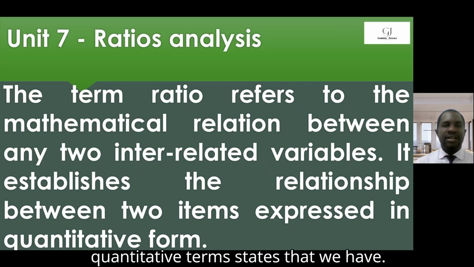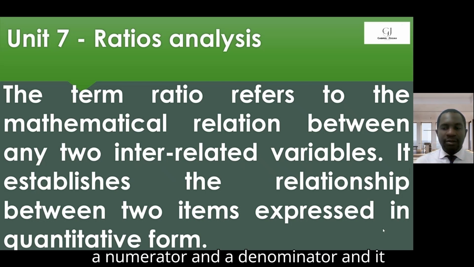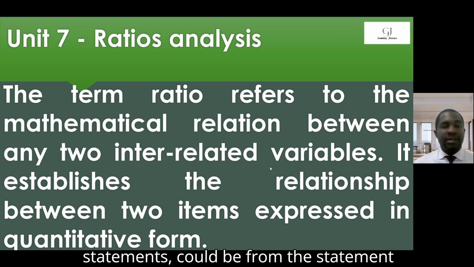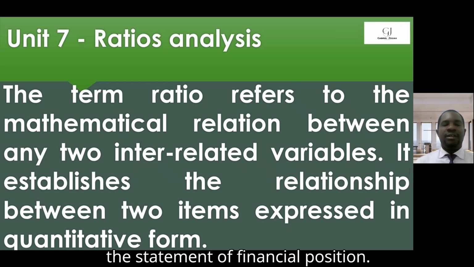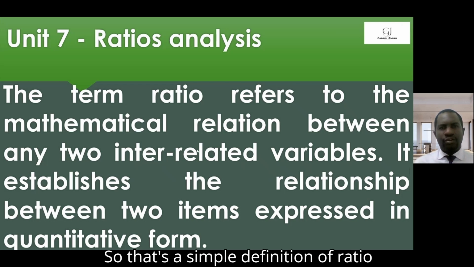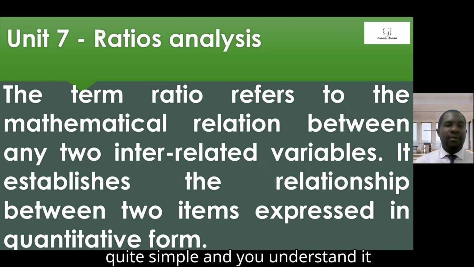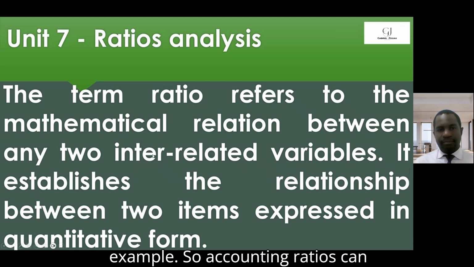The quantitative terms state that we have a numerator and a denominator, and it could be from any of the financial statements. It could be from the statement of comprehensive income or from the statement of financial position. So that's a simple definition of ratio analysis. It's quite simple, and you understand it graphically when we look at an example.